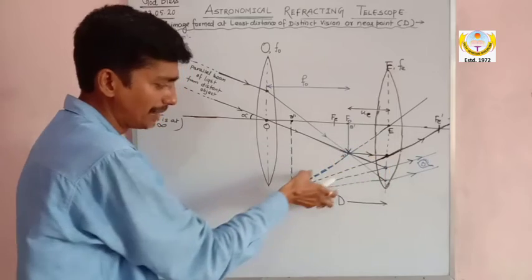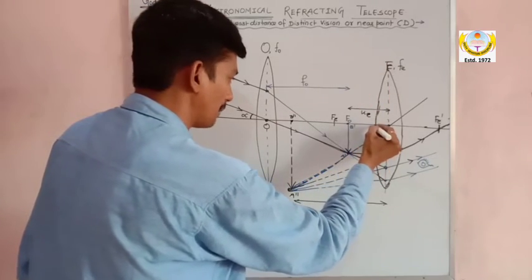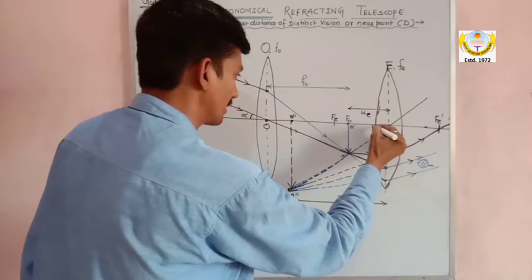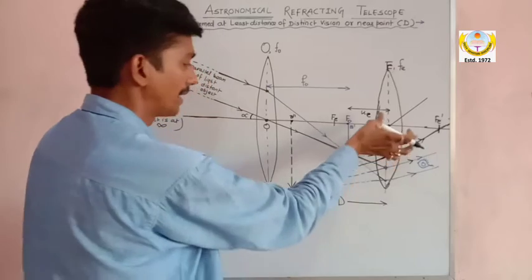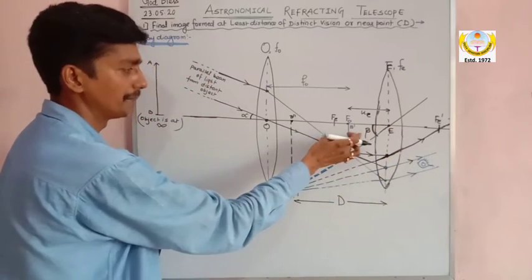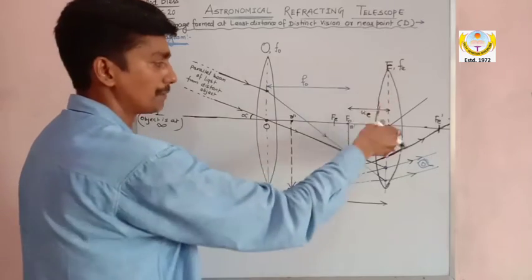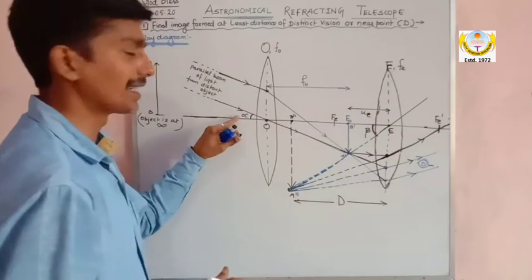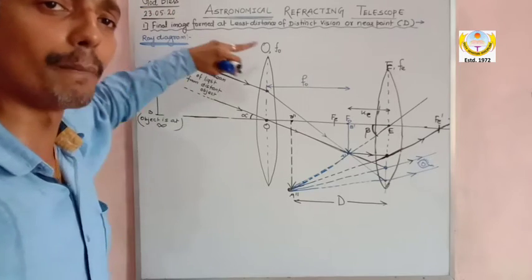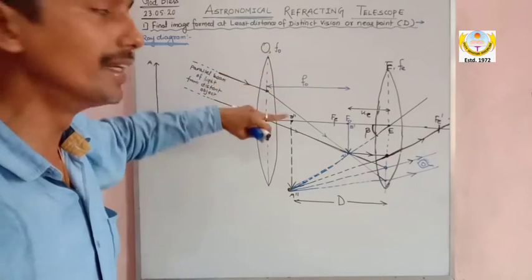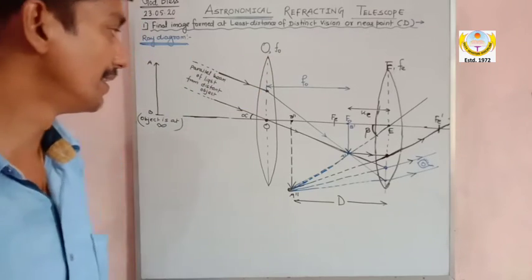This is the final image drawn by the eyepiece, and therefore I can draw the angle made by the eyepiece here, and I will mark beta. That is the final angle subtended by the image at the eye with the help of the eyepiece. And angle alpha is nothing but the angle subtended by the distant object, the parallel beam of light falling on the objective lens. This is the important part.